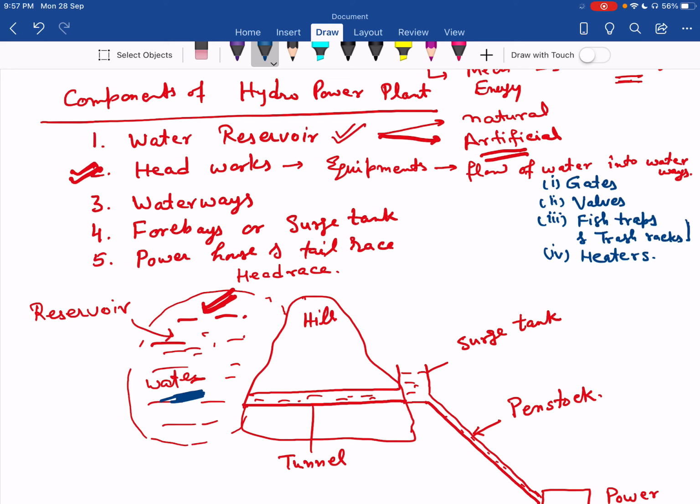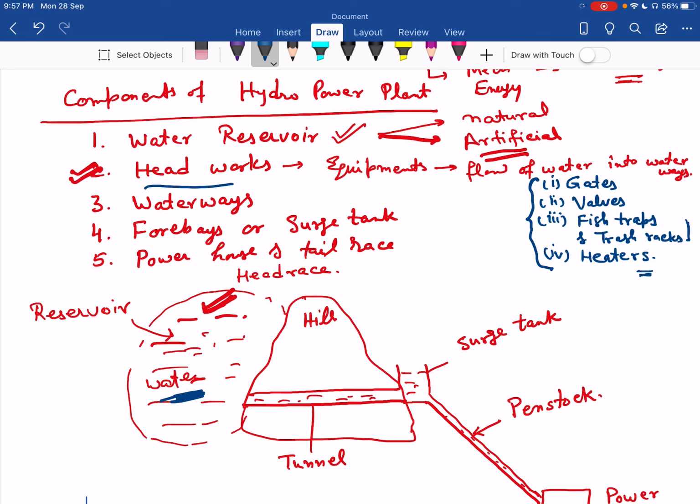To melt that ice, we use heaters so that there is a proper flow of water into the waterways. So these four components come under headworks.